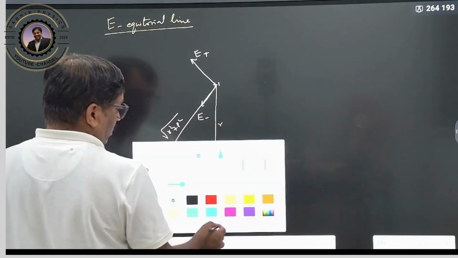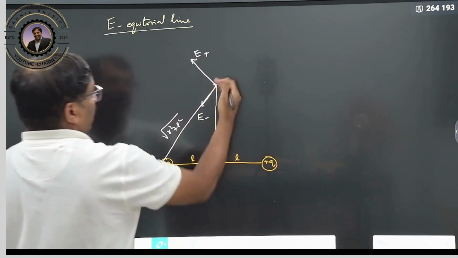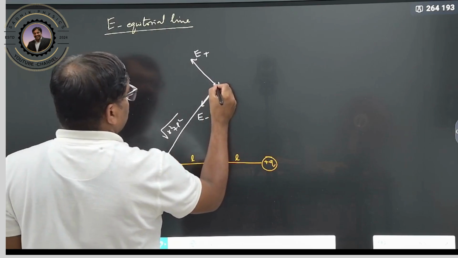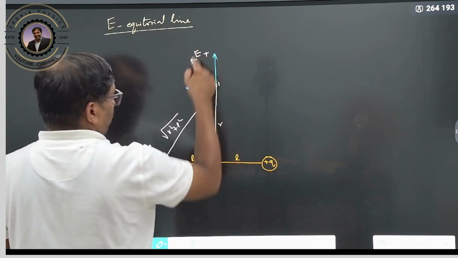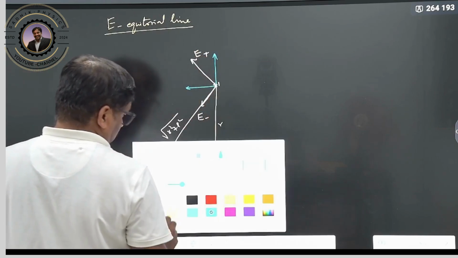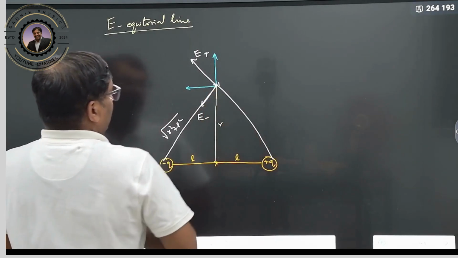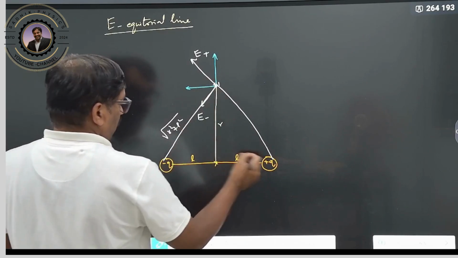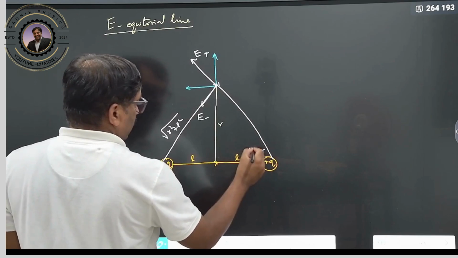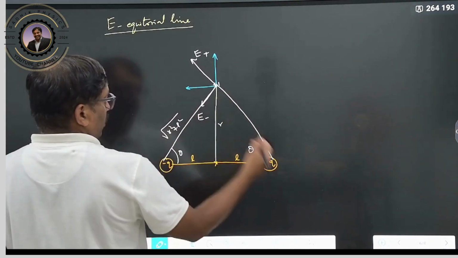So here the electric field acts like this, and we can split it into two components due to E plus. We take this angle as theta, and this also becomes theta, since it is the same straight line.